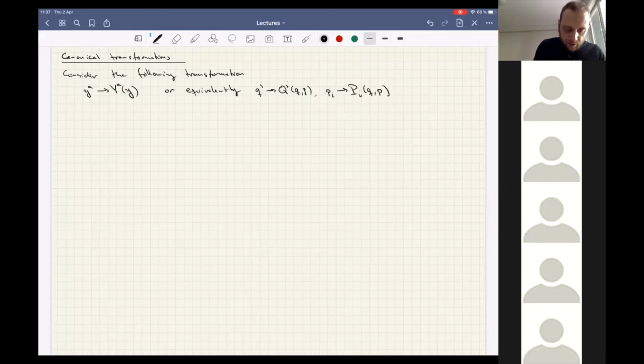And such a transformation is called canonical if the Poisson bracket is conserved.